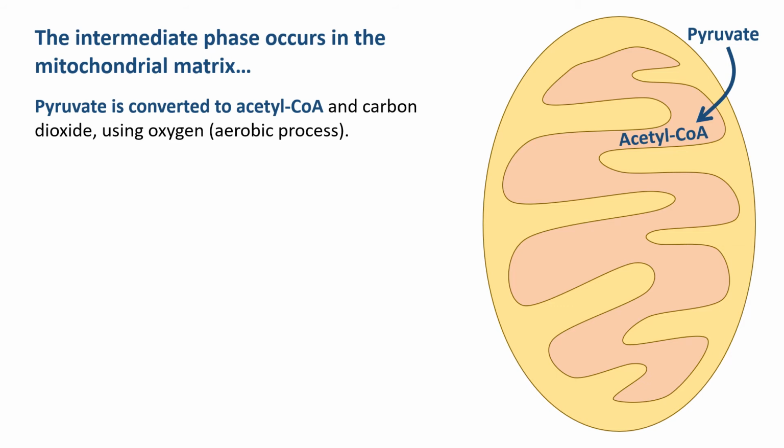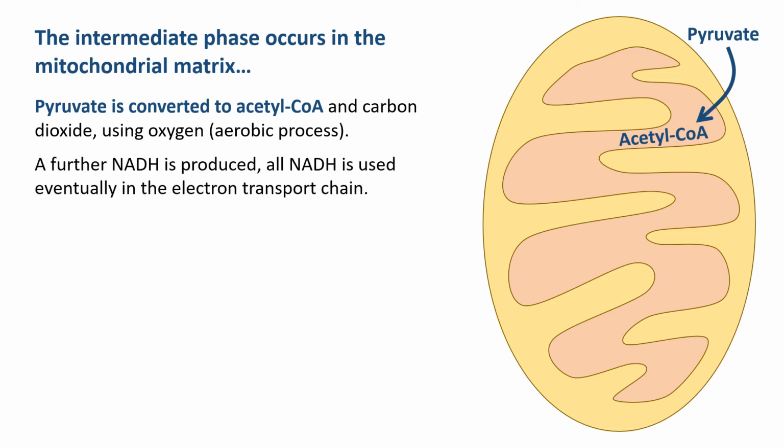And what happens is pyruvate is converted to acetyl-CoA. It also releases carbon dioxide, so therefore we know it must use oxygen. It's an aerobic process because everything inside the mitochondrion is aerobic now.